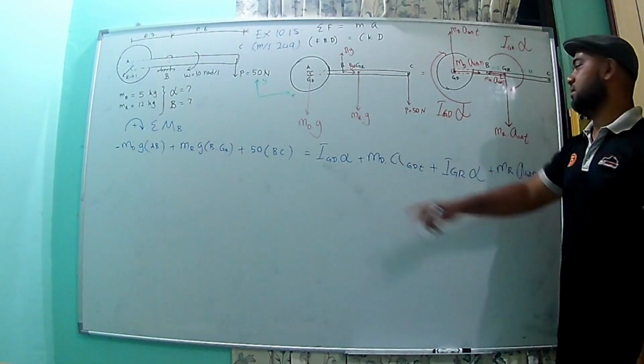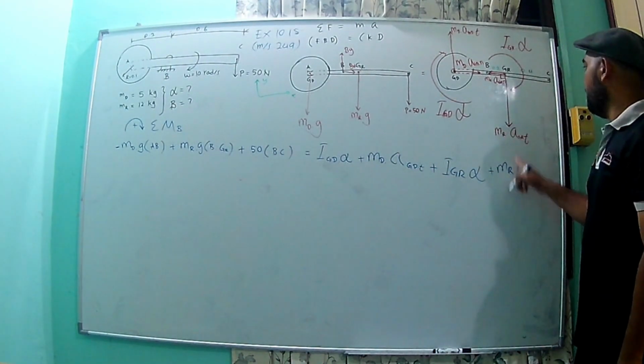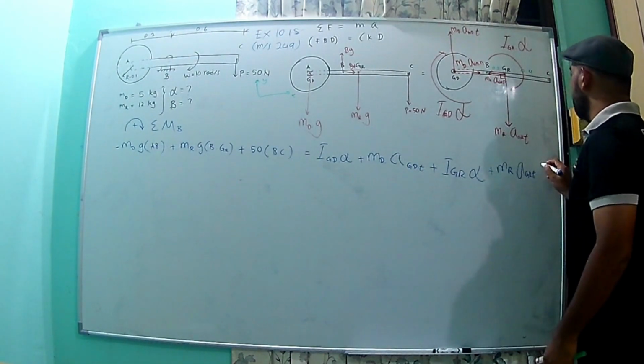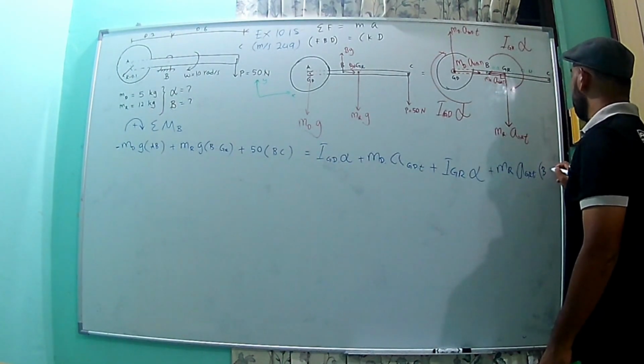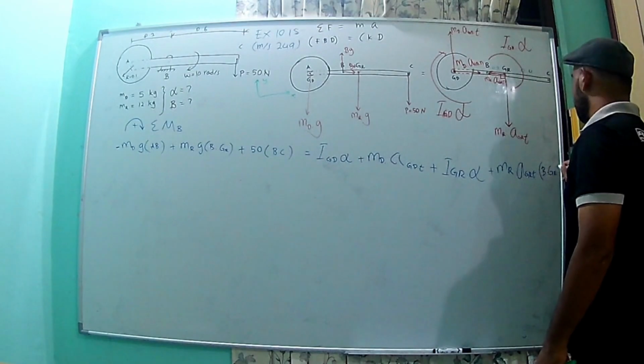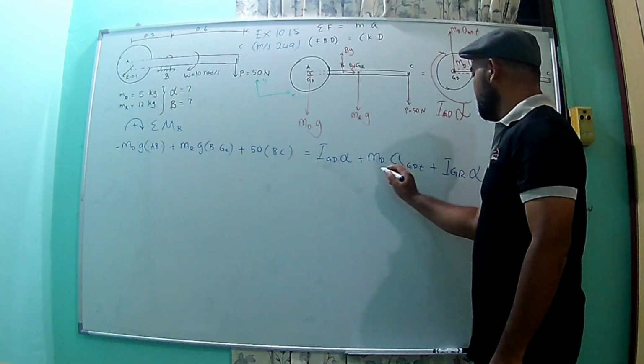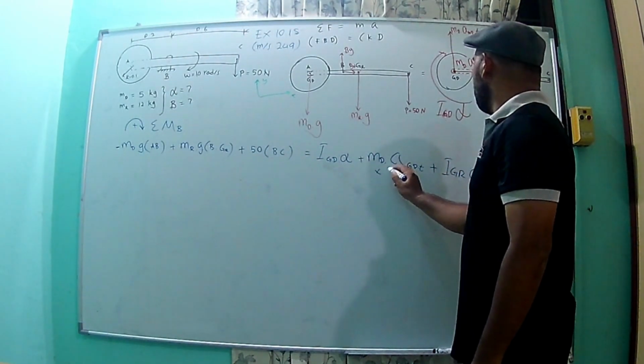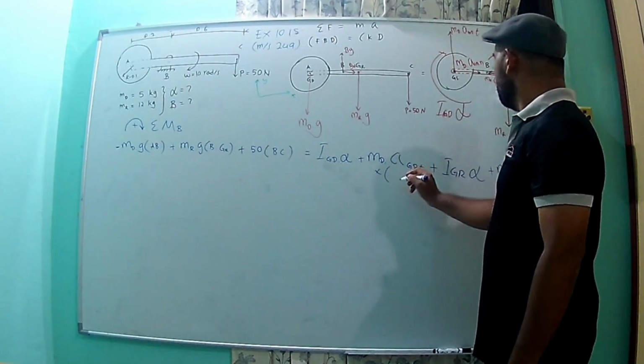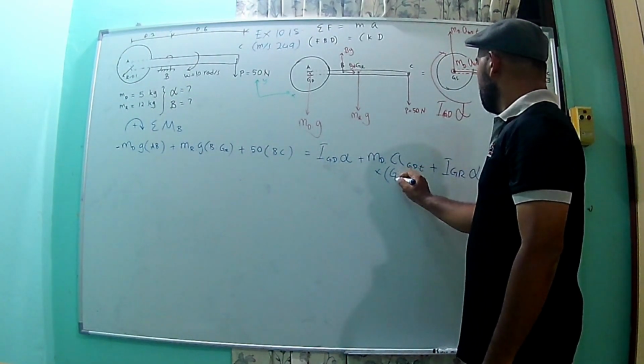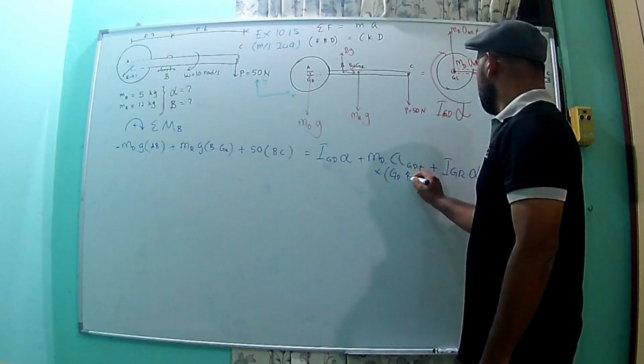I forgot the distance: m a times the distance from B to G,R, also needs to be multiplied by the distance from G,D to B.